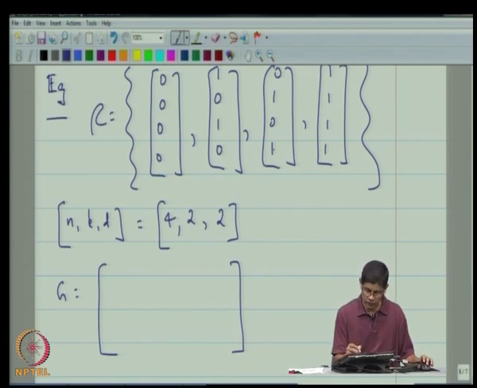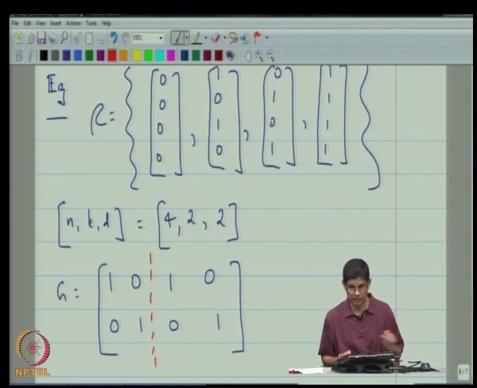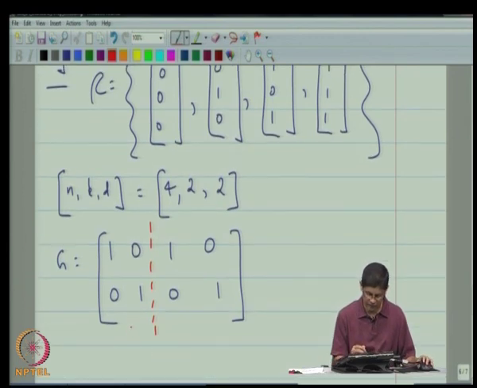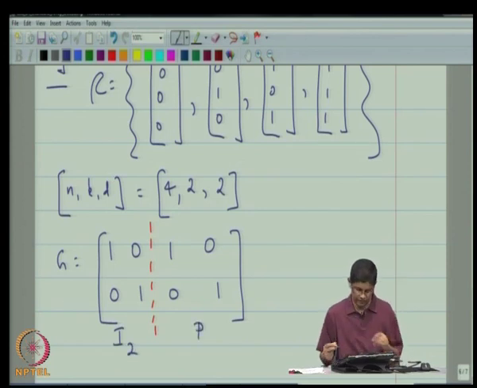So with that in mind, I will choose these two vectors over here, because they will lead, as you will see, to a systematic generator matrix. So I am going to put down 1 0 1 0, 0 1 0 1. And now I have my generator matrix in systematic form, where I have the identity matrix on the left, which is I2, and I have the matrix P on the right.